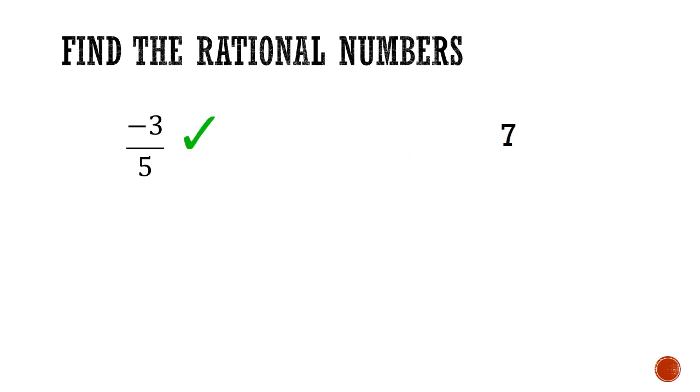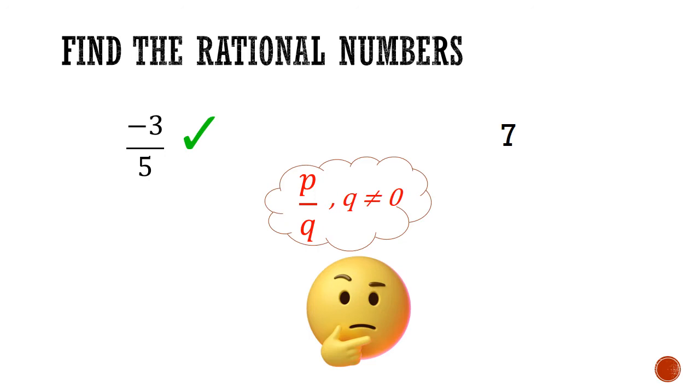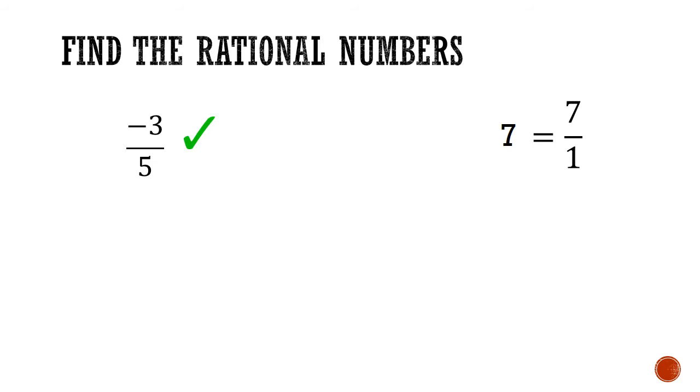Now take the next one, 7. Is this a rational number? How do you check? You have to check whether it can be written in the form of p by q, and q is not equal to 0. How can you write 7 in the form of p by q? You can write it as 7 by 1 without changing its value. 7 by 1 is again 7 itself.